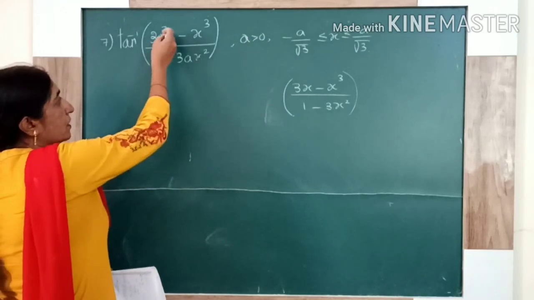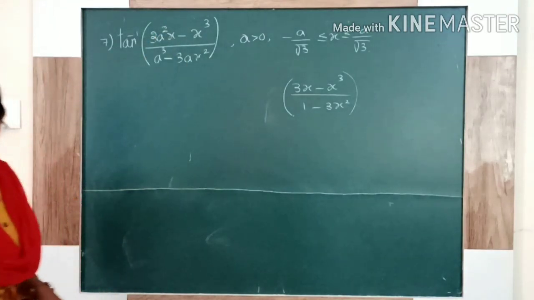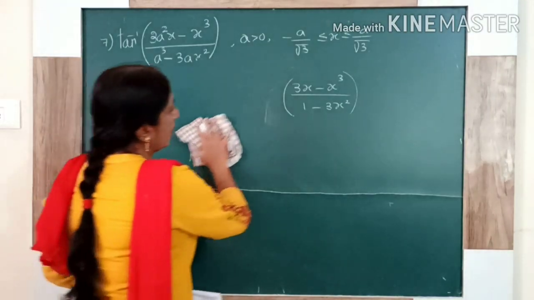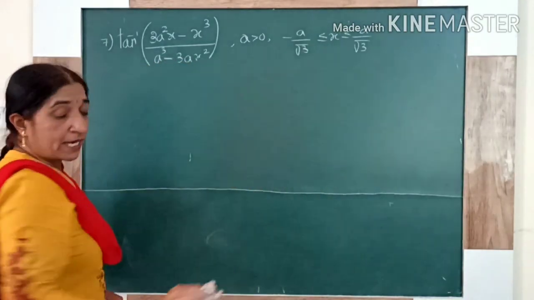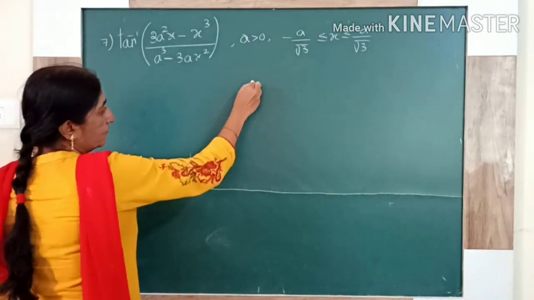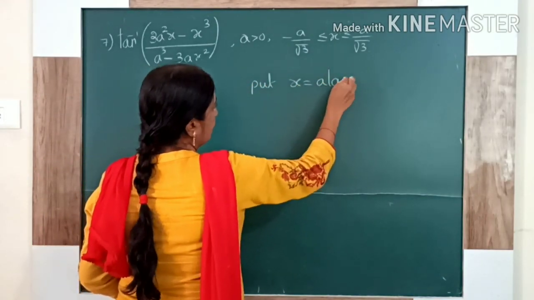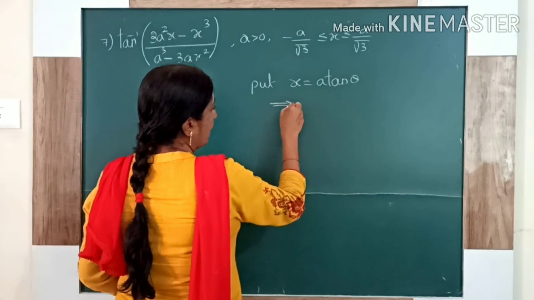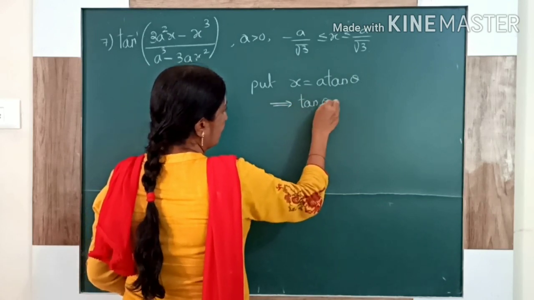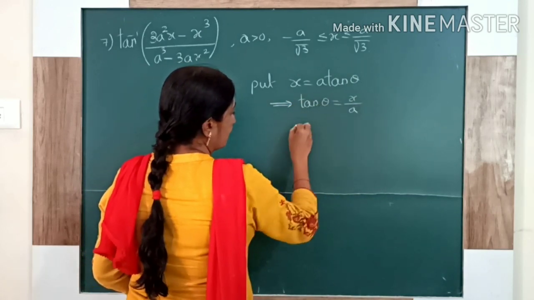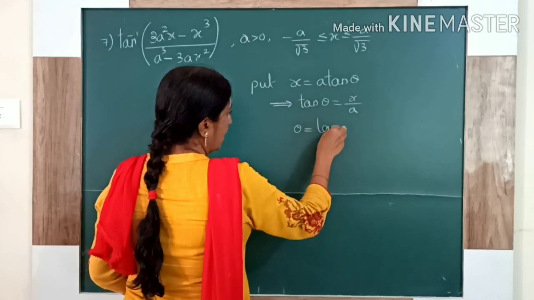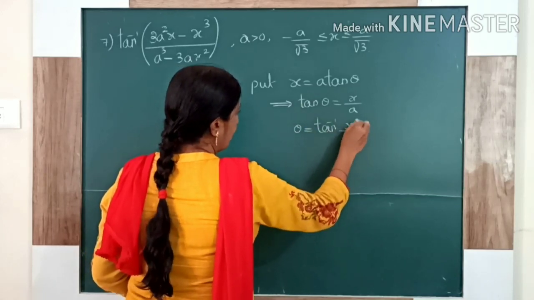But one question arises: a is extra. So to eliminate that a, we write x is equal to a tan theta. Theta is the tan inverse of x by a.